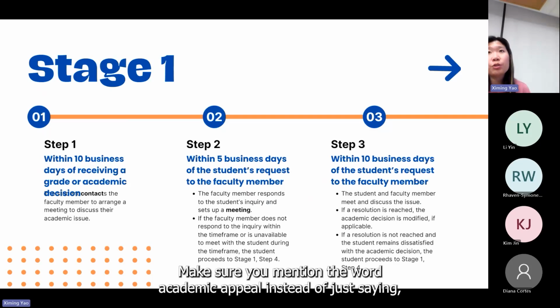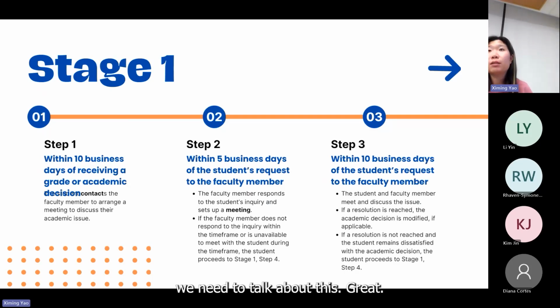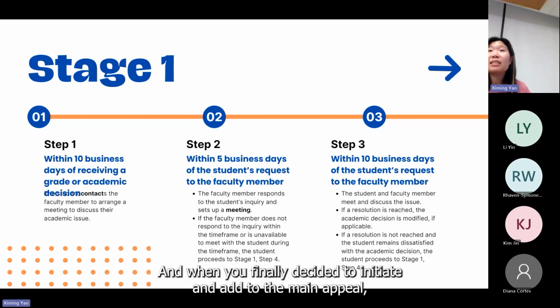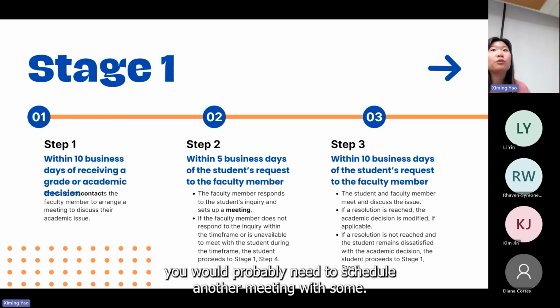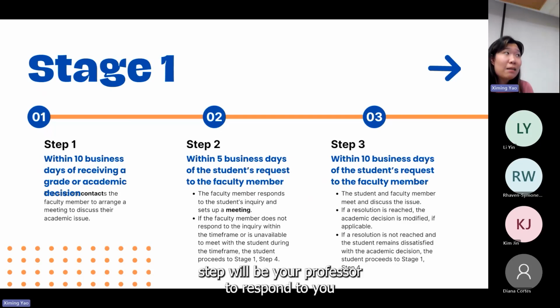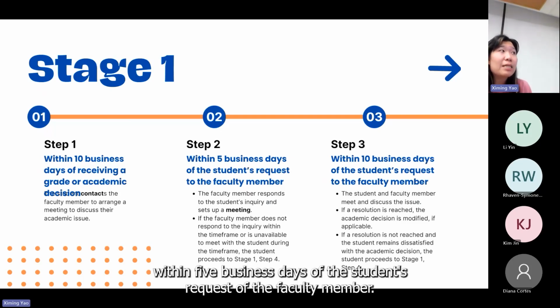Make sure you mention the words academic appeal instead of just saying we need to talk about this grade. If you just say we need to talk about this grade, your professor will not think of it as an academic appeal at all. And when you finally decide to initiate an academic appeal, you would probably need to schedule another meeting with them. So the next step will be your professor responding to you within 5 business days of the student's request to the faculty member.